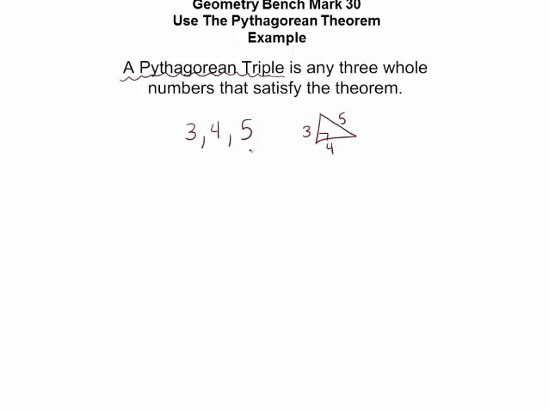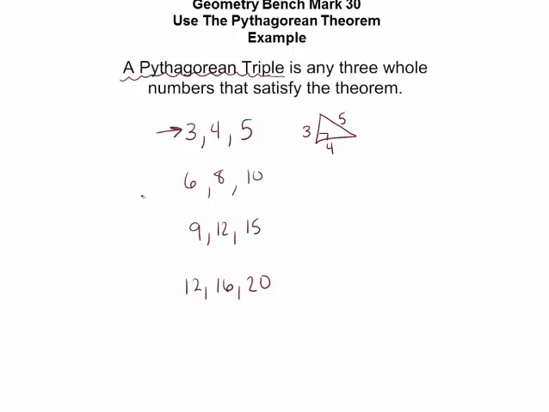Now, any multiple of a Pythagorean triple is also a Pythagorean triple. I could multiply all of these by 2, and this is still a Pythagorean triple. If I multiplied them by 3, Pythagorean triple. If I multiply them by 4, etc. Once you find one Pythagorean triple, all of the multiples of that are also Pythagorean triples.